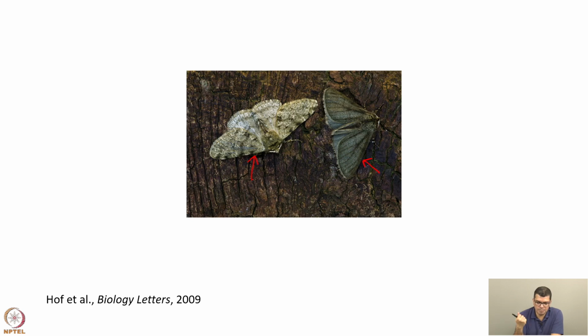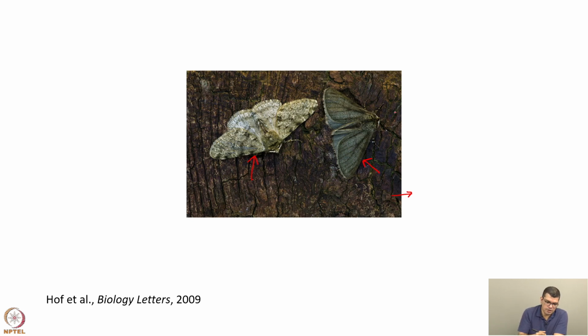What had happened was that the trunk of the trees was light in color pre-industrialization, but as Britain underwent industrialization, there was a lot of soot being emanated from the industries that had been set up. Environmental regulations were not strict, and this soot gradually settled on the trunk of the trees.